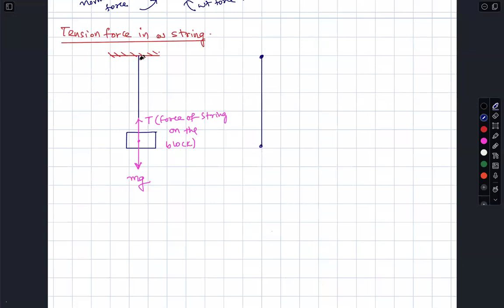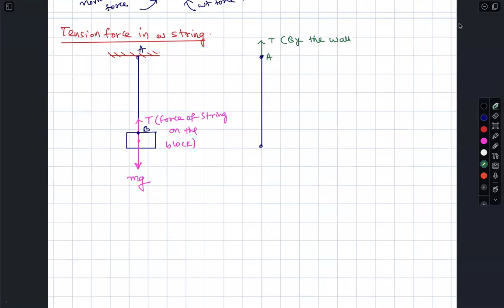This is end A and this is end B. At end A, remember the wall pulls the string up with T force, by the wall or roof.